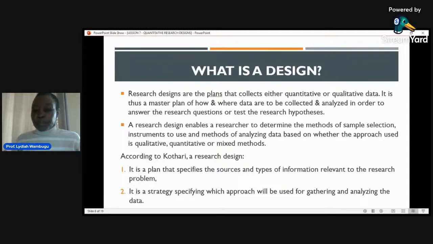So before I check whether we have any question, maybe just to remind us what a research design is. When you talk about a design, because we are going to discuss quantitative research designs, what is a design? I have underlined the word plan because a design is a plan.